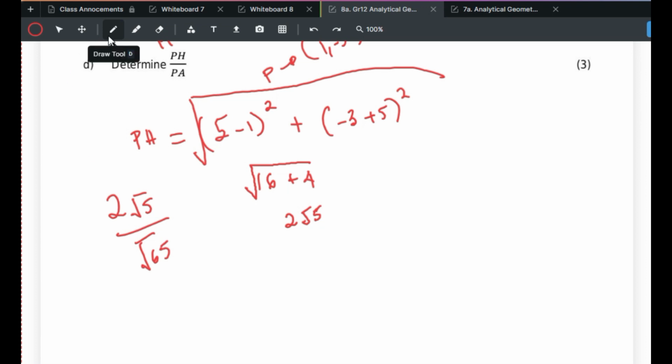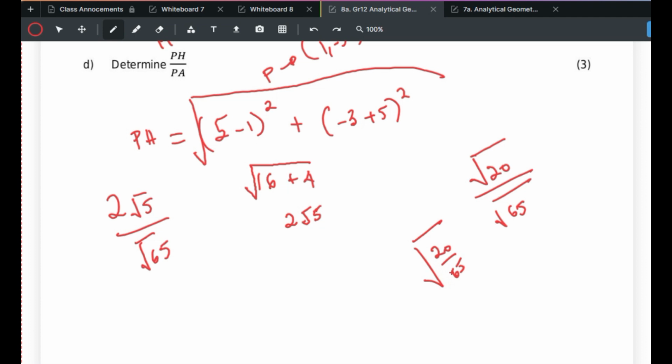Another thing we could also do is, if you want to simplify this a bit, this here is the root of 20 over the root of 65. You could also say it's the root of 20 over 65. What does 20 over 65 give you? 4 over 13.